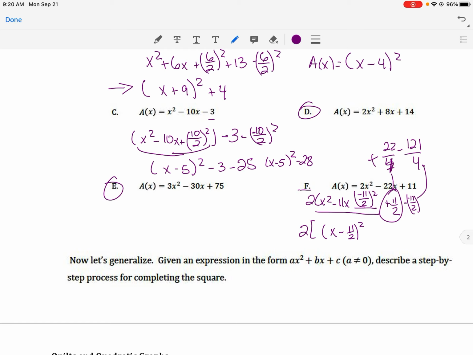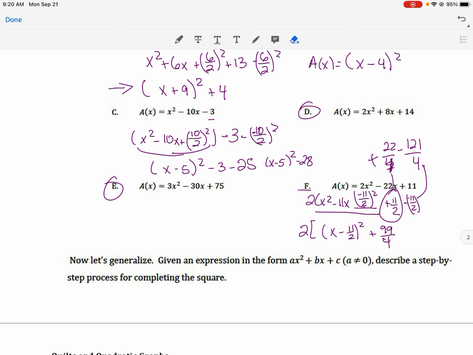This is positive, that's negative. So when you simplify them out, you get 121 minus 22 is 99. So then we have inside 99 over 4.